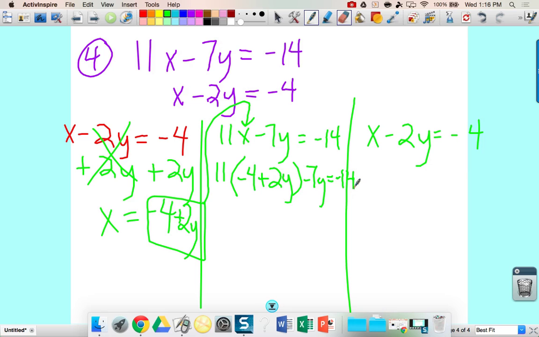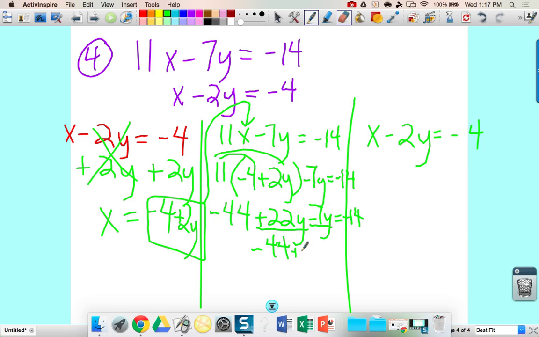I have to distribute my 11, so -44 plus 22y minus 7y equals -14. I have like terms, 22y and -7y. So 22 minus 7 is 15. So we have -44 plus 15y equals -14.